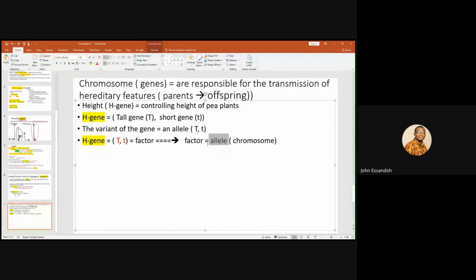So what Mendel referred to as factor, we know Mendel meant an allele.